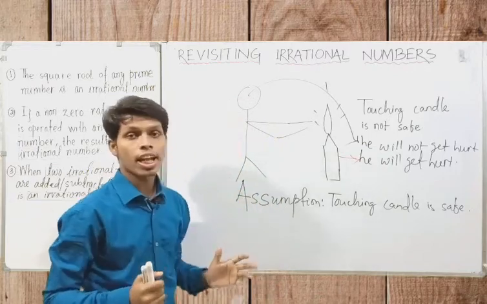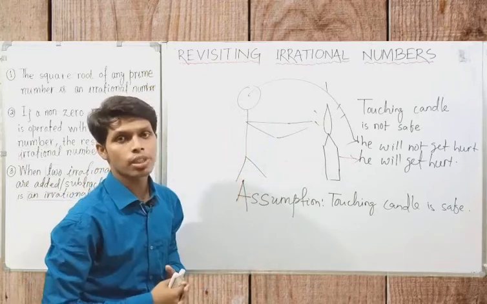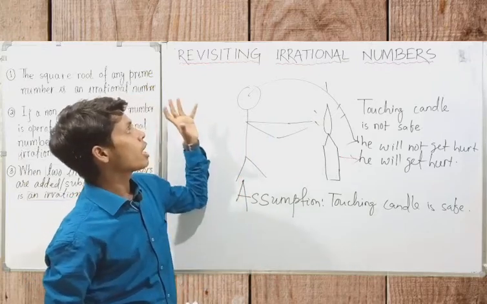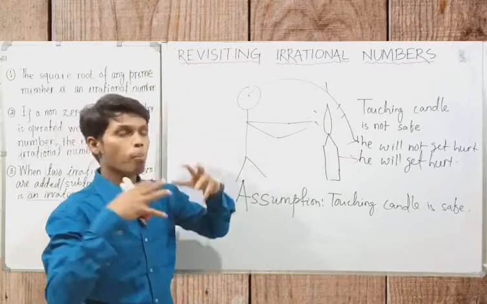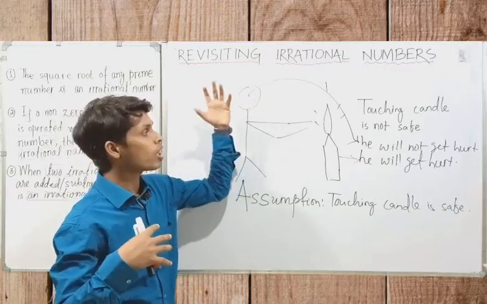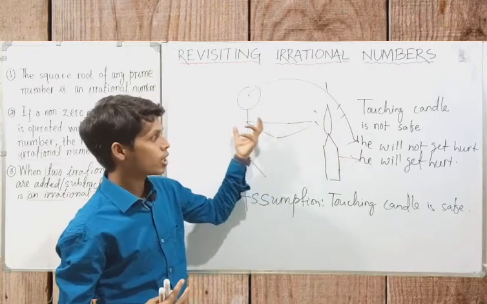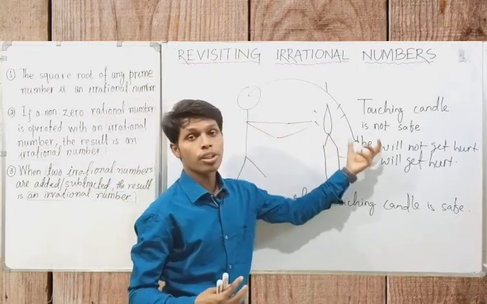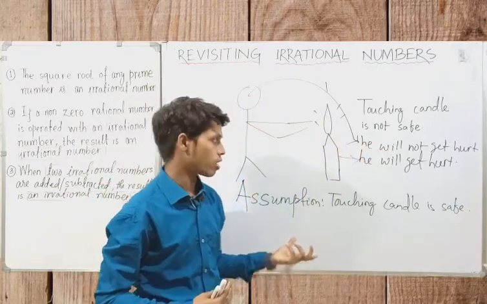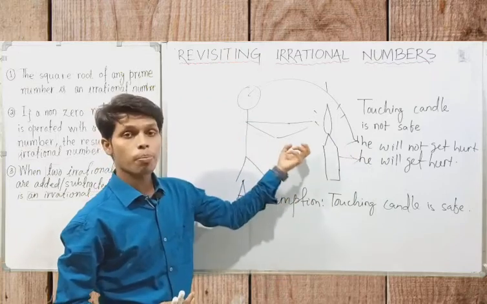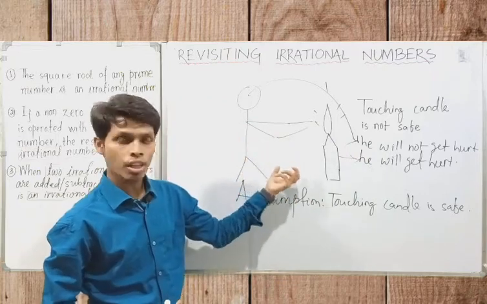Contradiction means opposition arises, or an impossible thing arises, something that opposes his thinking or opposes reality. He was wishing that if he touches the candle it will not hurt, but when he touches the flame he gets hurt.